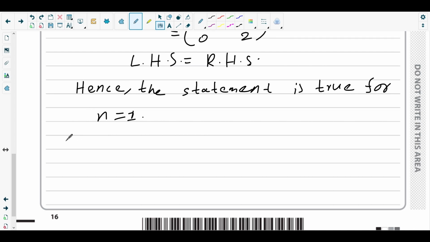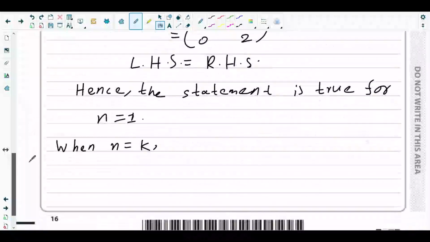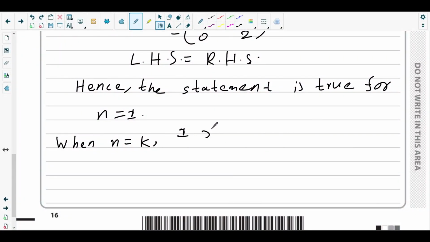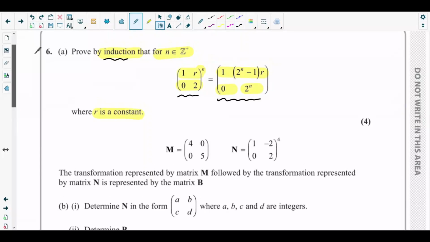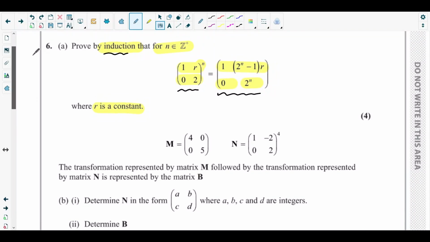In the second step we will consider when n equals k. If n equals k, then the left hand side is basically (1 r; 0 2) to the power k. This equals the right hand side, (1 2^k - 1 r; 0 2^k).